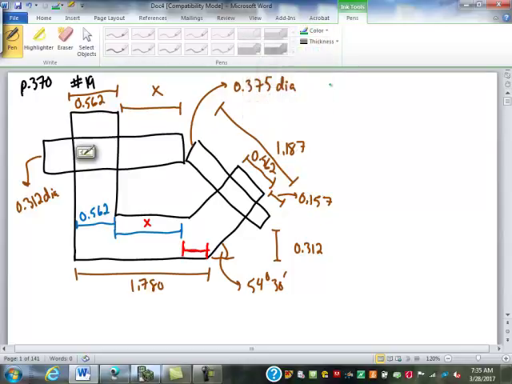To find that, I'm going to start out with this triangle right here in the green. What I know about that triangle is that this length here is 1.187. So I'm going to redraw that triangle.